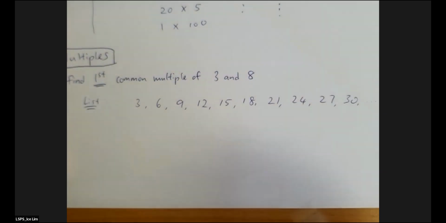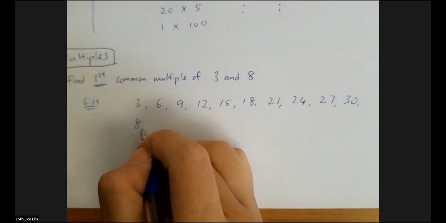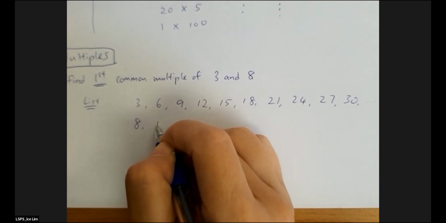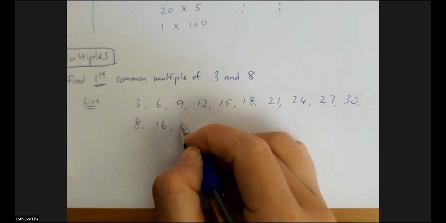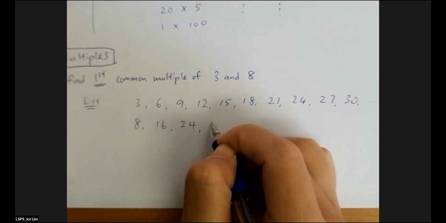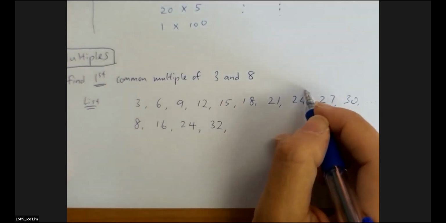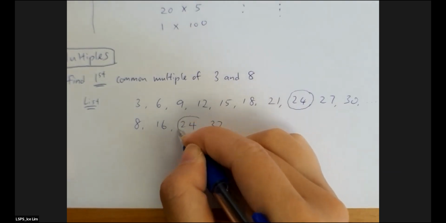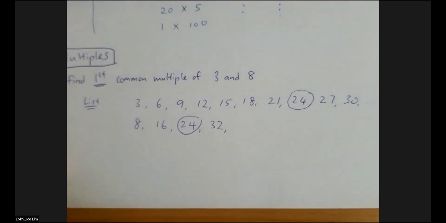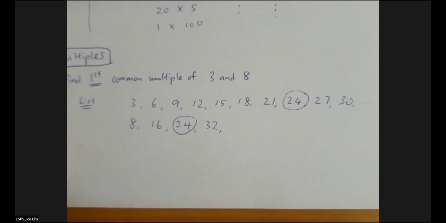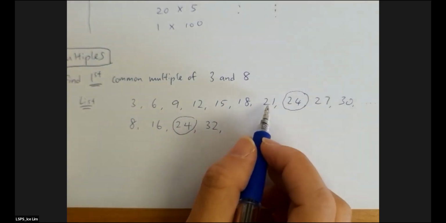This is the times table of 3. And I have 8: 8, 16, 24, 32. Okay, are there? That's the first one.